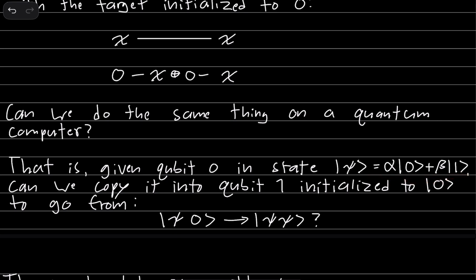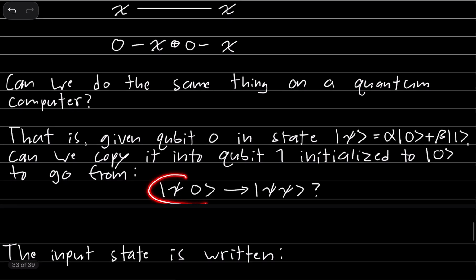Can we copy this qubit state into the second wire, qubit 1, initialized to ket 0? It's the analog of the classical version we did up here. That is, can we go from the state psi 0 to psi psi?